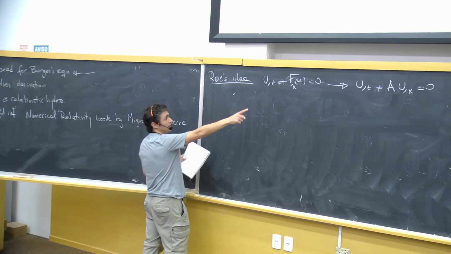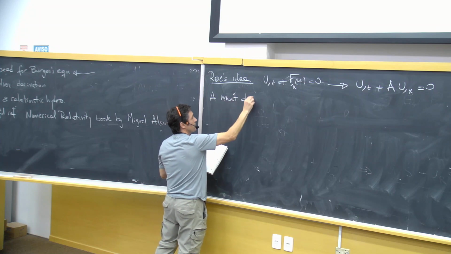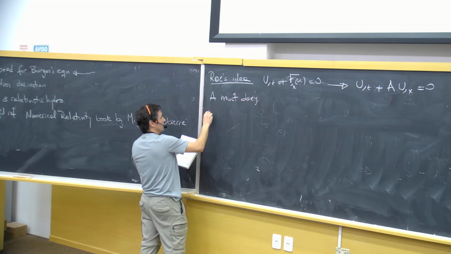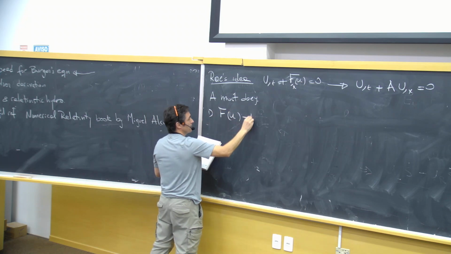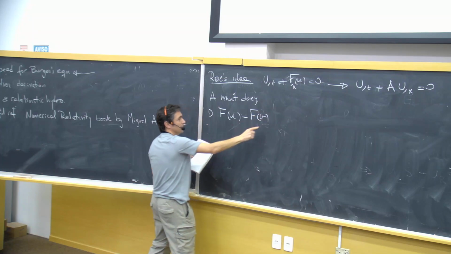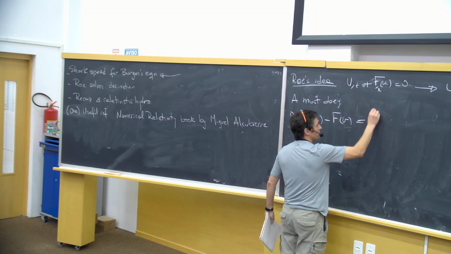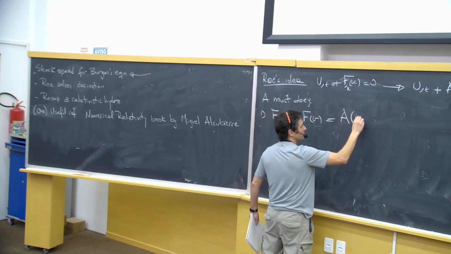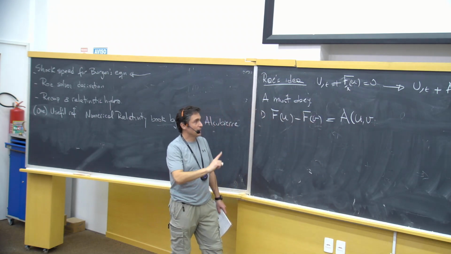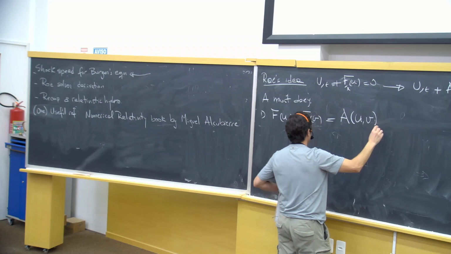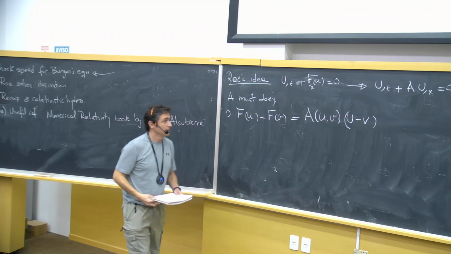So A will have to satisfy some properties. Let's call this one, say, 1. If F is the flux, say the flux at two points across an interface, we're going to try to approximate it with this matrix A, which you still have to define, that may depend on both the values at each side of the interface, times simply the difference between them.